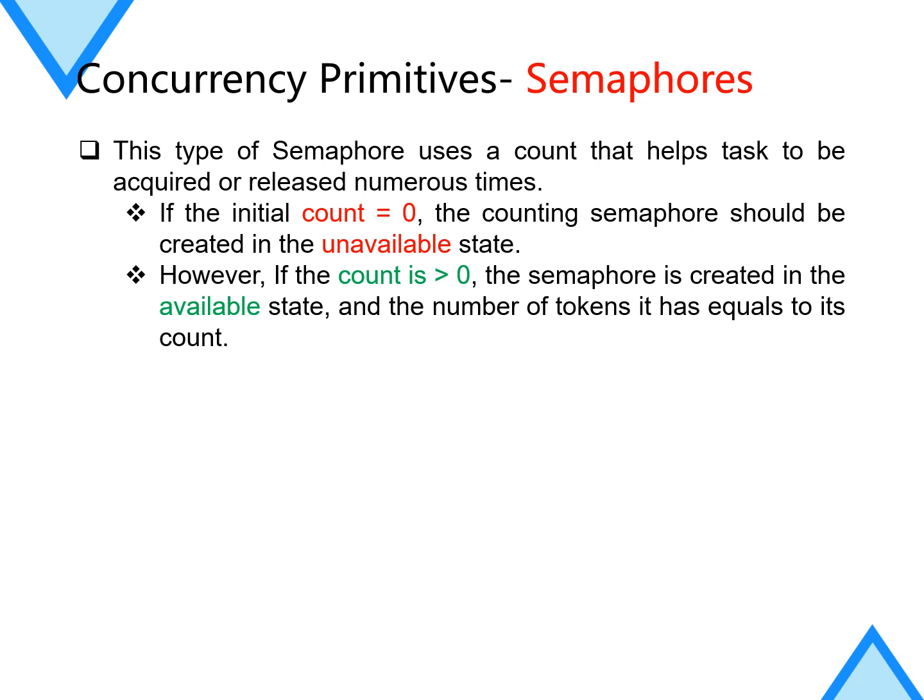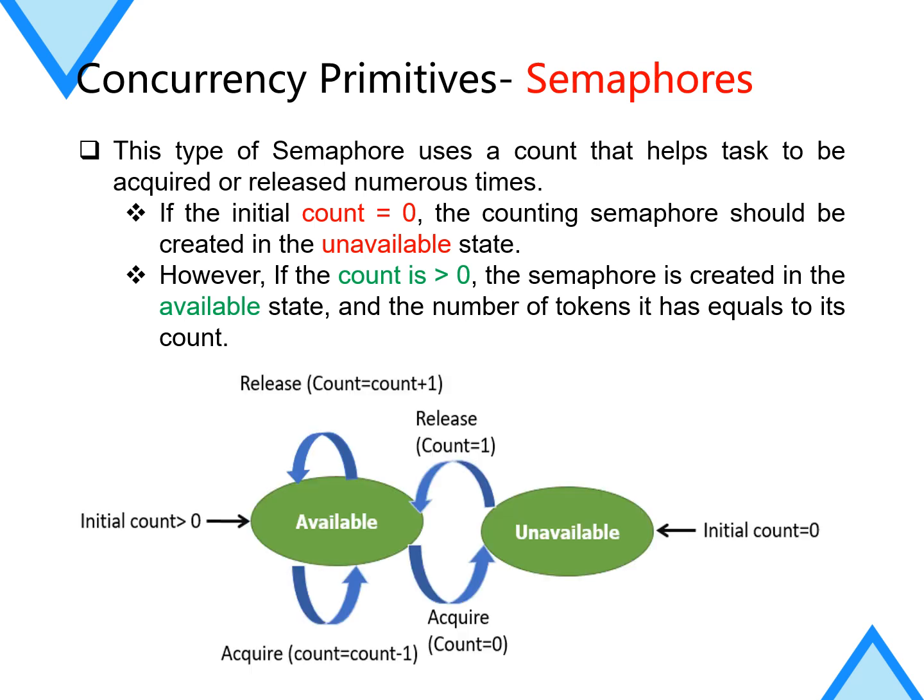So if the initial count is 0, the semaphore will be in the unavailable state, and the other process has to go into the waiting state. And if its value reaches some positive value greater than 0 and below the maximum limit, the semaphore will be created in the available state.